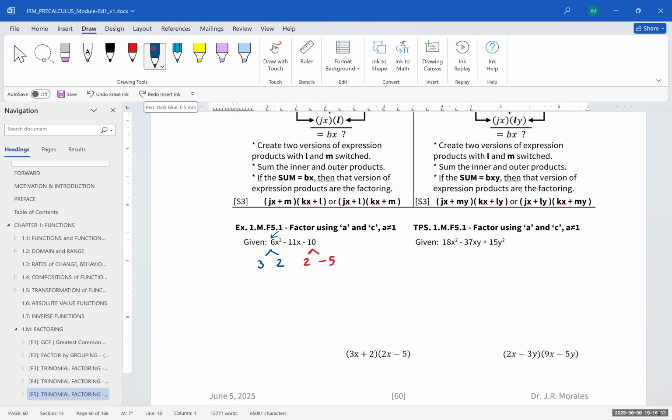So this factor of 3 or 2 for the leading coefficient will become the x terms in these two expressions that we're going to be making the product of. And then the factors of the constant term will become the constants in each expression in the product of the expressions down below.